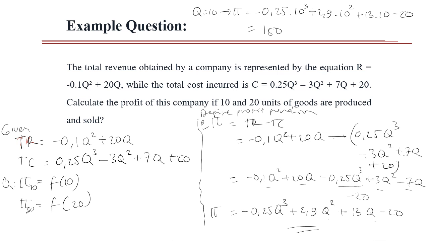So it will give you 0.25 times 1000 plus 2.9 times 100 plus 130 minus 20. It is 150, I think it is 150. So check it again, and do the profit at Q20.